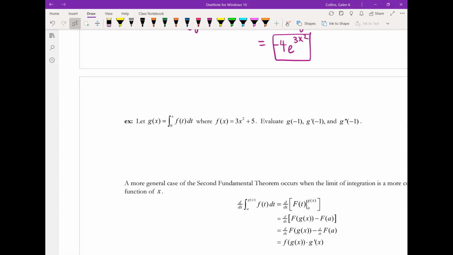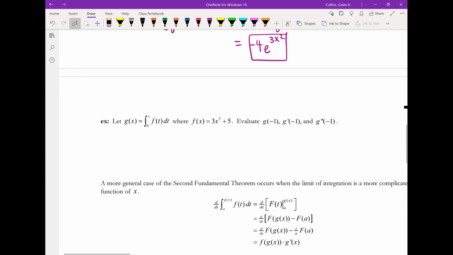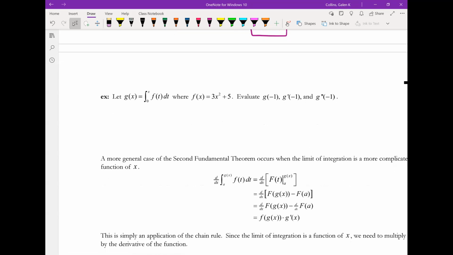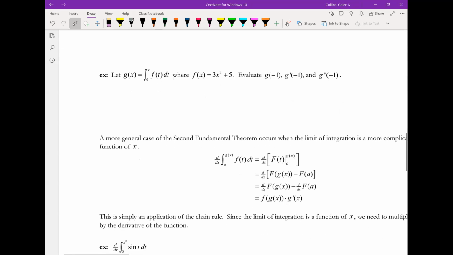Okay, so the next example, we're given the accumulation function g of x, and then we're given some more stuff. We're given f of x, and we're asked to evaluate g of -1, g prime of -1, and the second derivative of g also at -1. So my advice is to write it out.